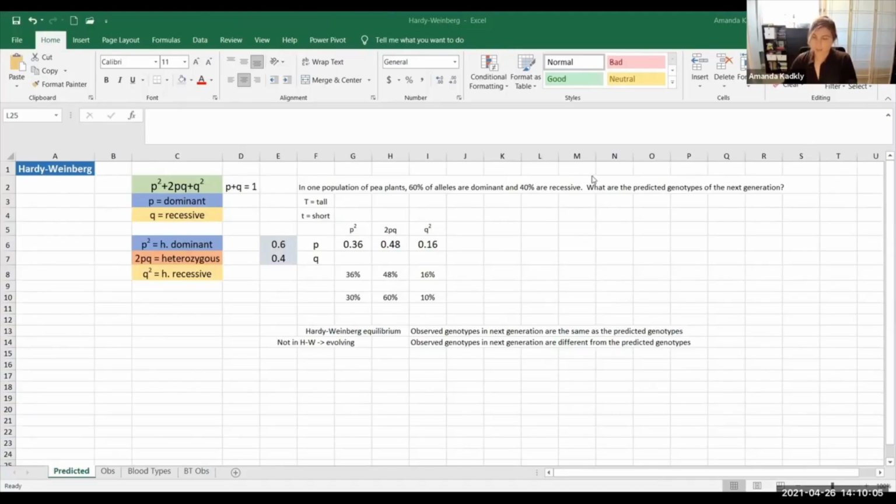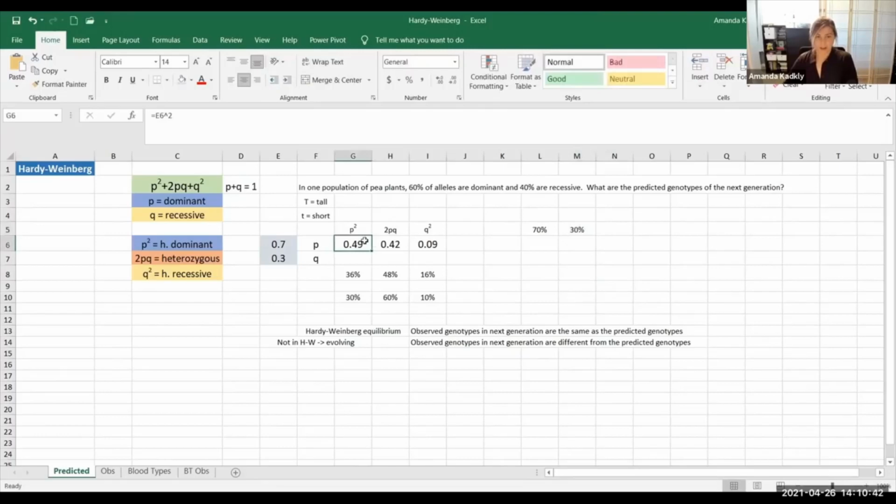If you had a Hardy-Weinberg problem and you are just given that the dominant allele is 70% of the population, what would q be? q would be 0.3. It would have to be 30% in that case.